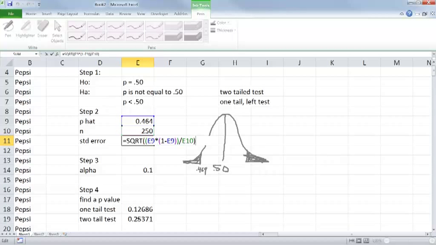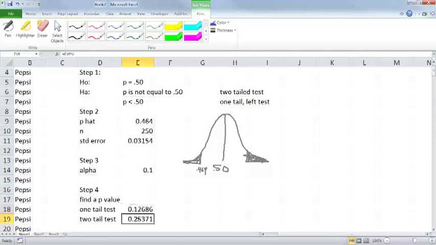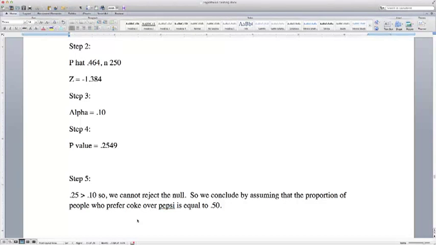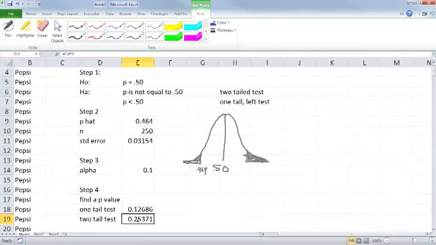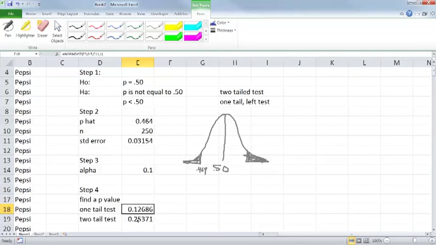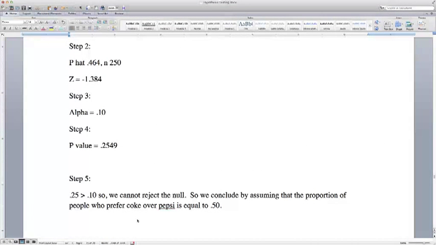It's pretty close, not quite the same. p hat times 1 minus p hat over n, so that looks right. My notes probably just had some rounding. I probably just rounded something. So that looks like it's still right.